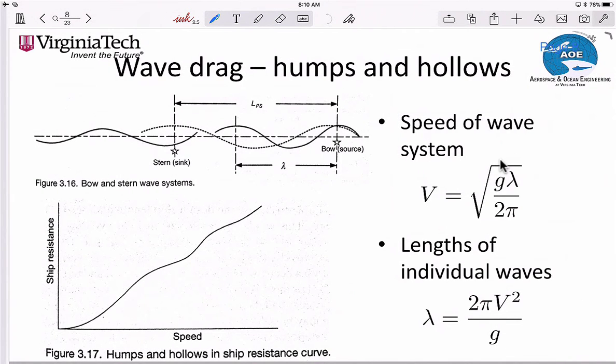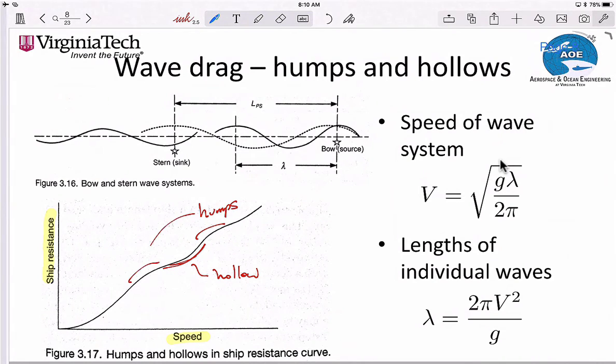In normal naval architecture, we refer to the humps and hollows of wave drag. On this chart, you can see this region here, this would be a hollow. This chart is the ship resistance versus speed, and we see regions that are hollows and then humps.